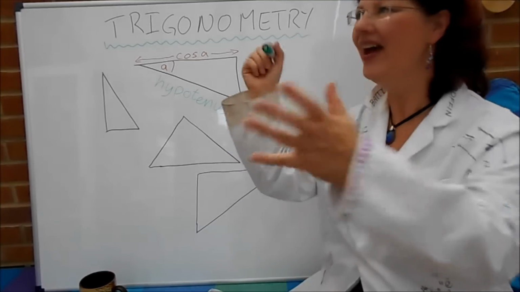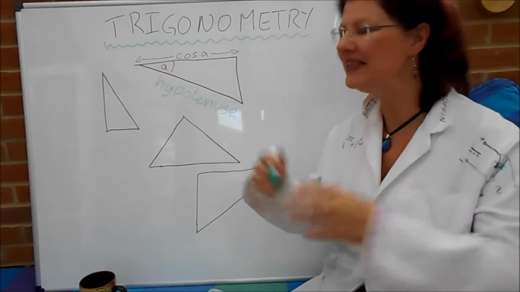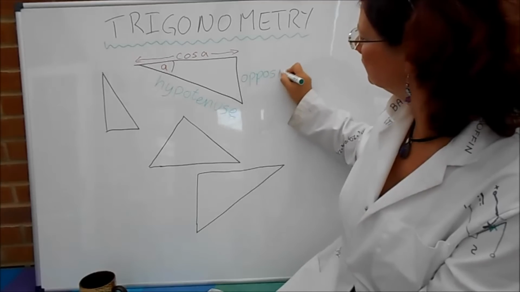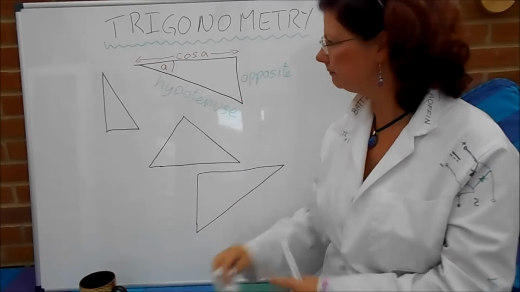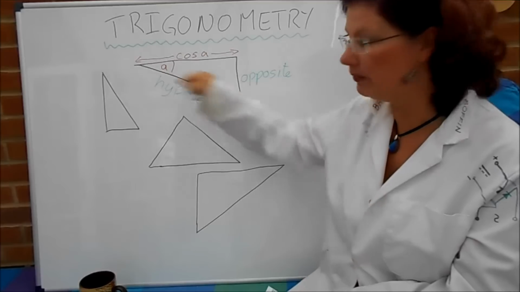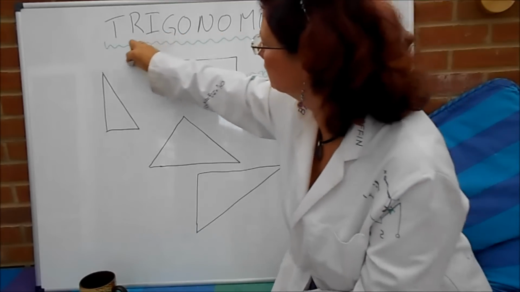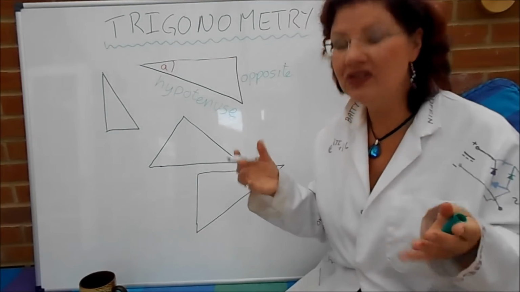So we call that, hooray, for once in maths, a word that actually makes sense, opposite. And this other side, the side that's next to the angle we're talking about, but not the longest side, that side is called, well, it's not called next to, but it kind of means the same, adjacent.